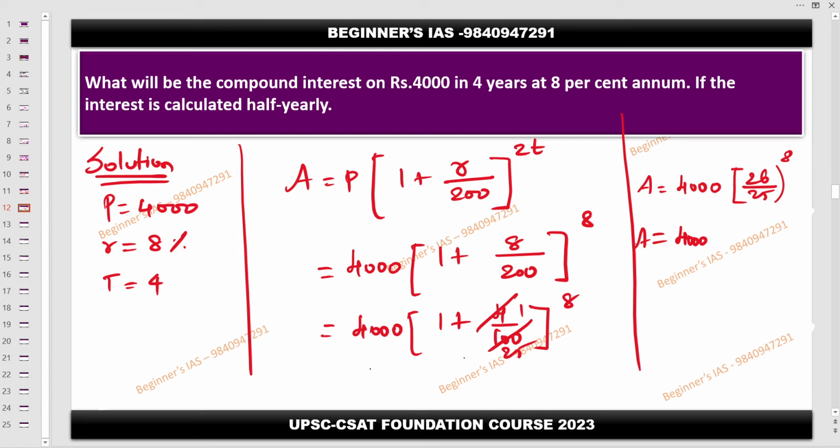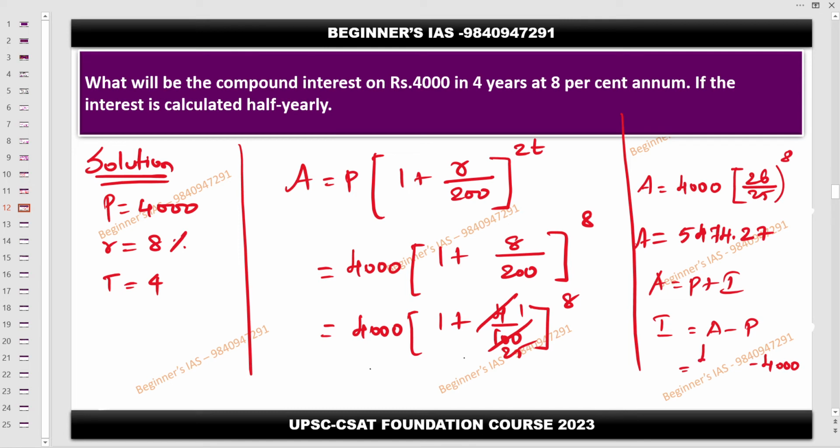What is the answer? Shall I do? Wait, having calculator. 5474.27.